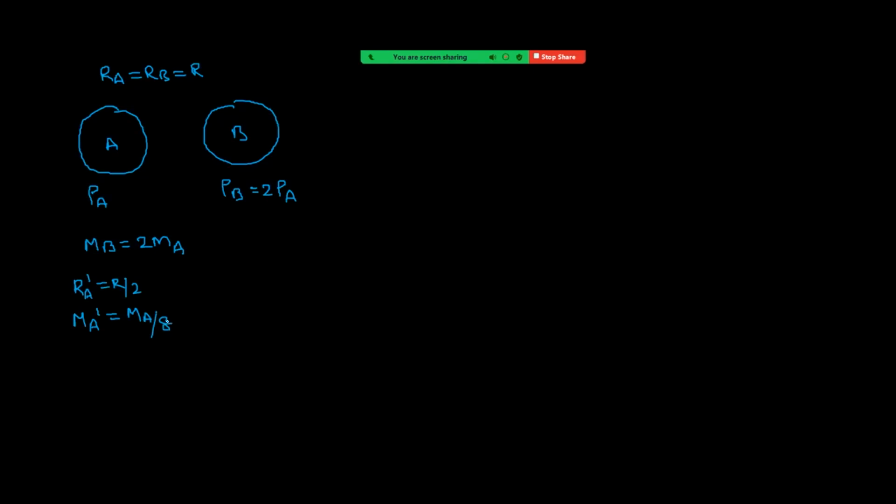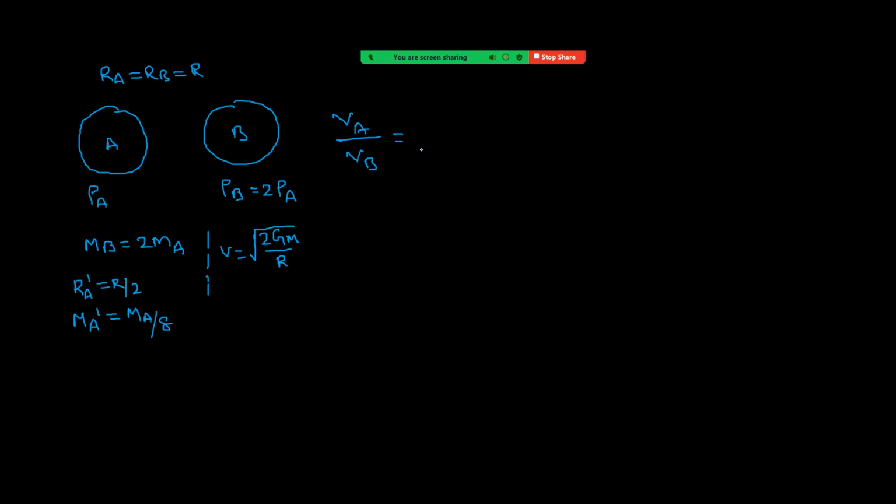Right? The first focus is what we have to calculate. So we have to calculate VA by VB after the interaction process. And we know escape velocity equals root of 2GM by R, that is escape velocity, right? G is a constant, 2 is a constant, remaining is only mass and radius.